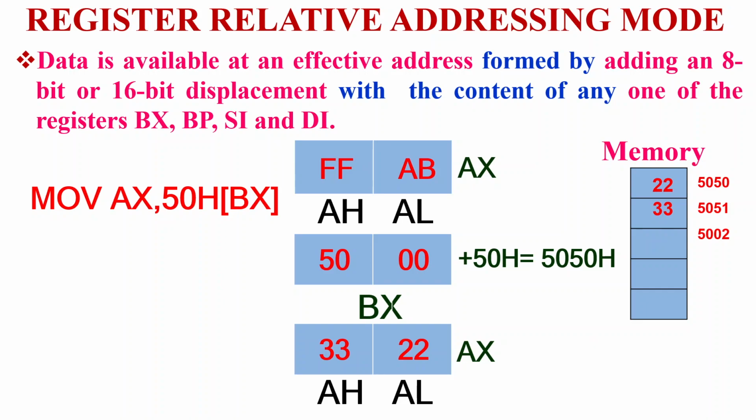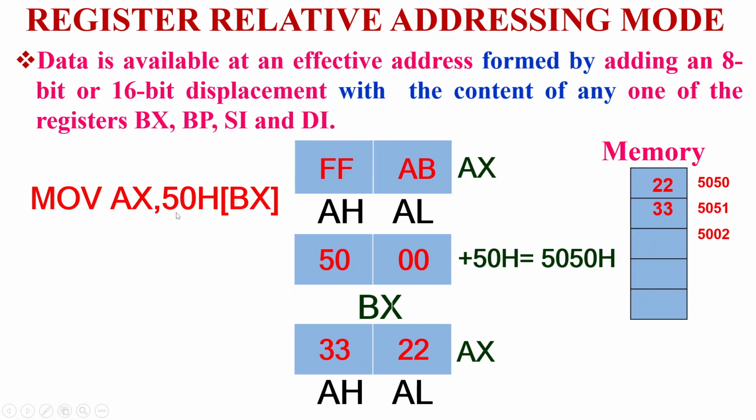The next addressing mode is the register relative addressing mode. In this addressing mode, the effective address is calculated by adding two components. One is the 8-bit or 16-bit displacement and the other is the content of a register. It may be a base register or an index register. Example: MOV AX, 50H[BX], where 50H is the displacement and BX is the register.